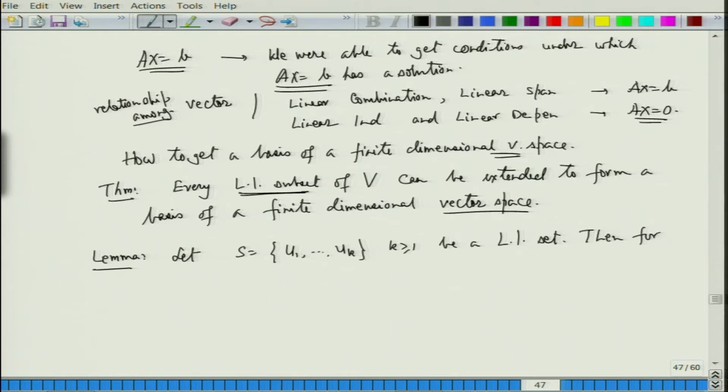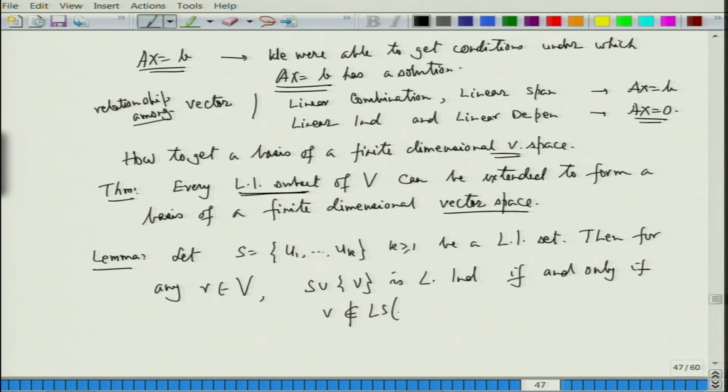Then for any v belonging to V, S union {v} is linearly independent if and only if v does not belong to the linear span of u1 to uk. This was a very crucial result.